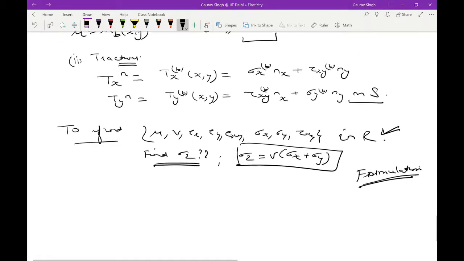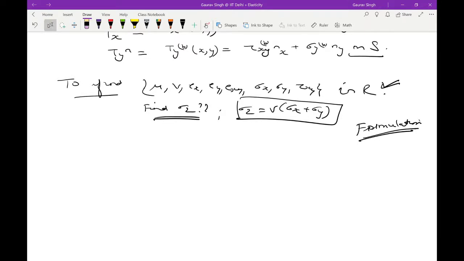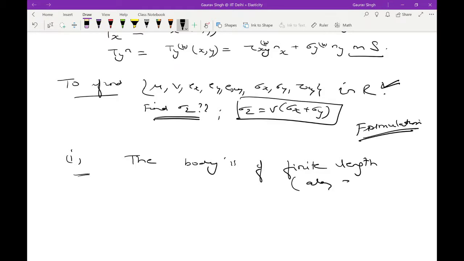Okay, now you will obviously be living in a world in which certain assumptions which we had taken at the start of this would not actually be true. Let's see what those two things are. First, the body is of finite length along the z-axis.